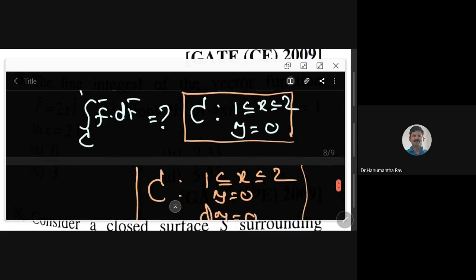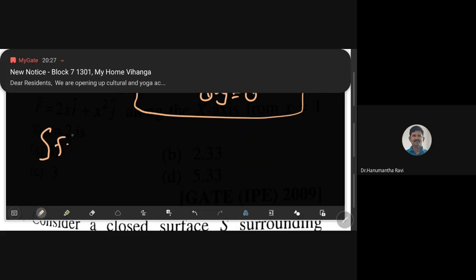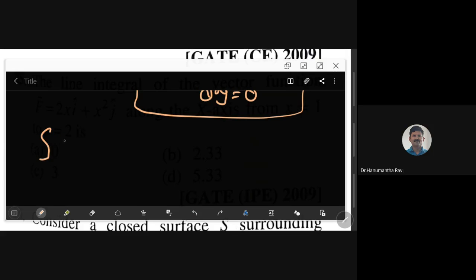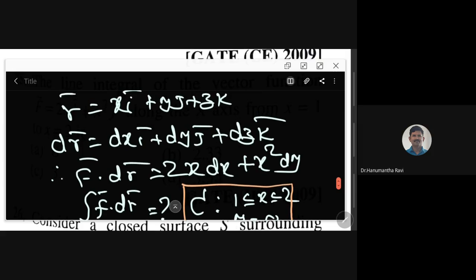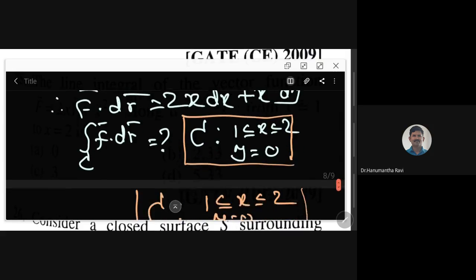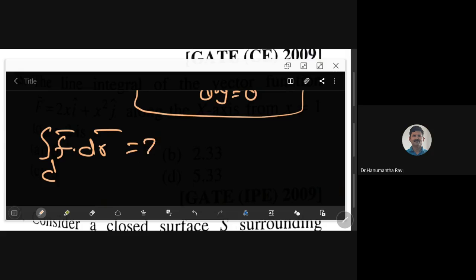So along the curve, this is what is happening. If we calculate f bar dot dr bar along C, this f bar dot dr bar is 2x dx plus x square dy.